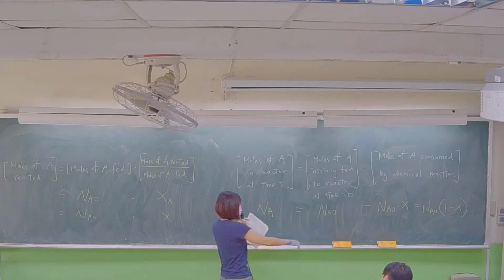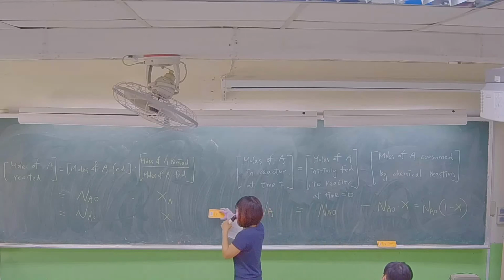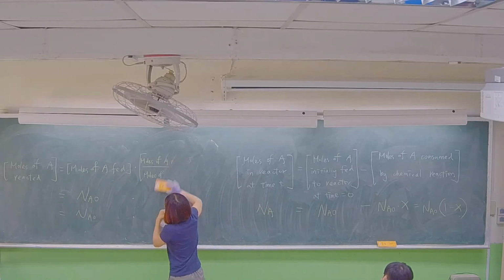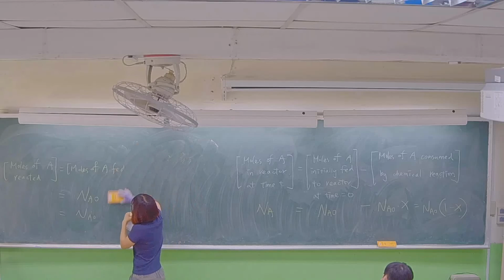Okay, so remember Na is equal to Na0 minus Na0X.